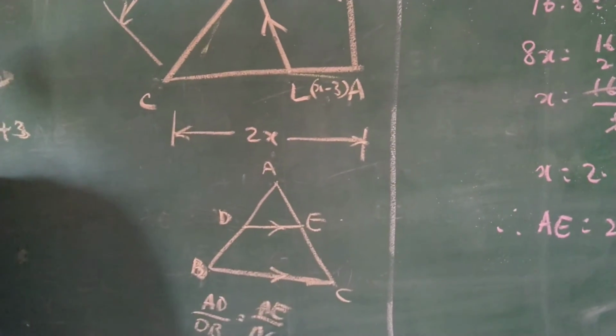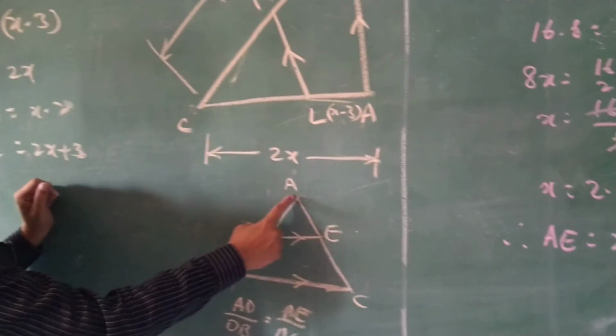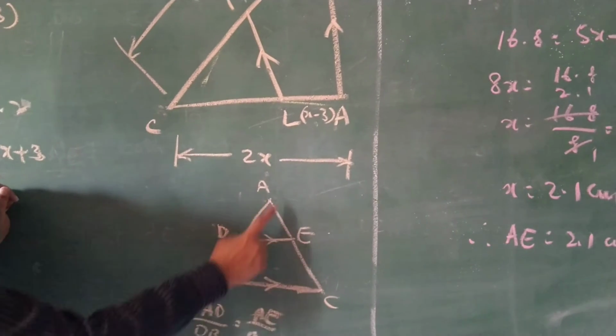Already you know, AD by DB is equal to AE by EC. From this, we will get 2 more points you can observe. AD by DB is equal to AE by EC.